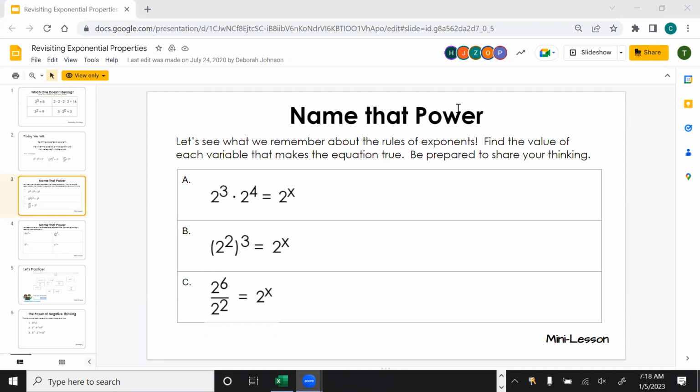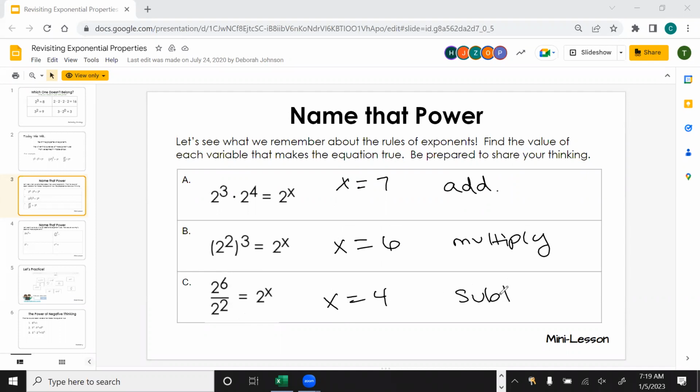Okay, good. So x would equal 7. We would add on these. What about on the next one? We would multiply. So what's 2 times 3? 6. So x would equal 6. So we multiplied, right? What about on the last one? Subtract. What's 6 minus 2? 4.